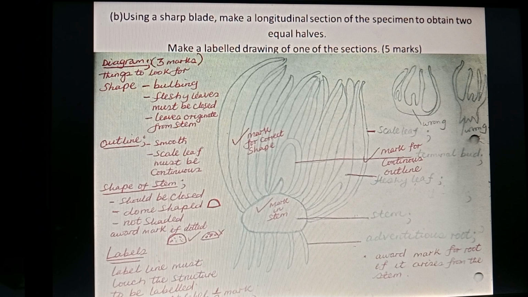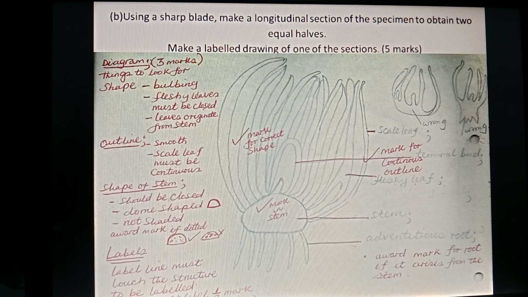For diagram marks, things to look for: shape, bulbing, fleshy leaves must be crossed, leaves originate from stem. Outline smooth, scale leaf must be continuous. Shape of stem should be crossed, dome-shaped, not shaded. Award mark even if dotted.